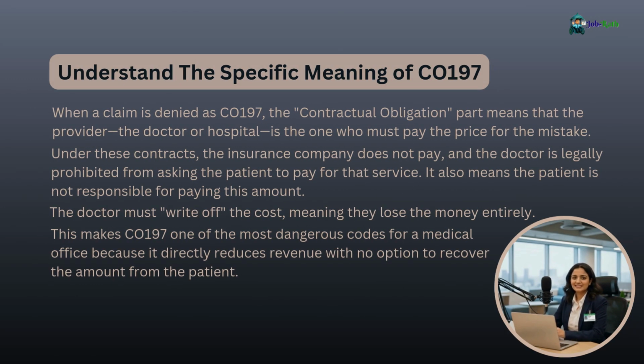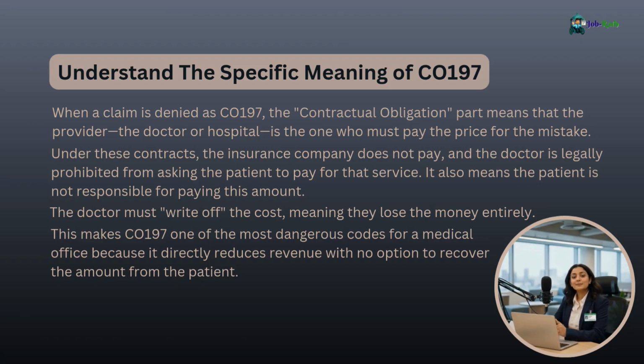When a claim is denied as CO-197, the contractual obligation part means that the provider, the doctor or hospital, is the one who must pay the price for the mistake. Under these contracts, the insurance company does not pay, and the doctor is legally prohibited from asking the patient to pay for that service.